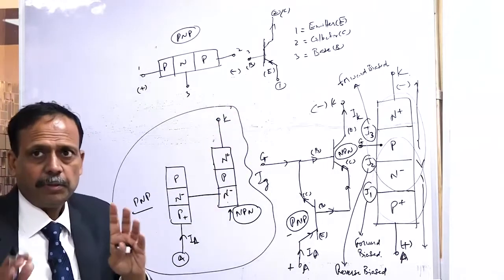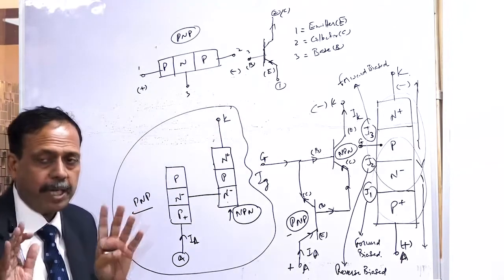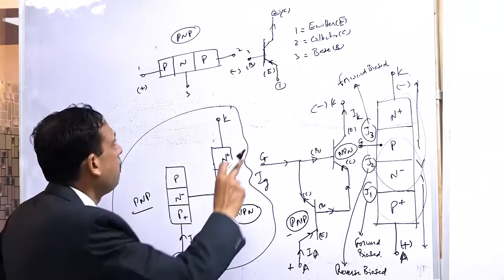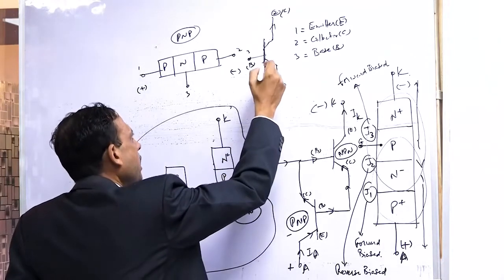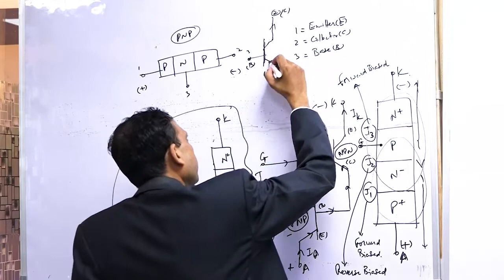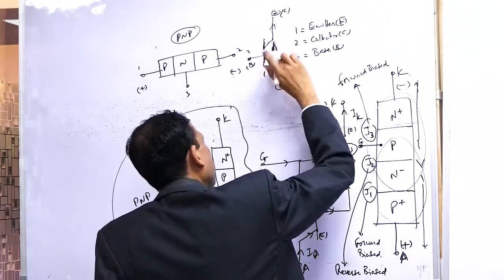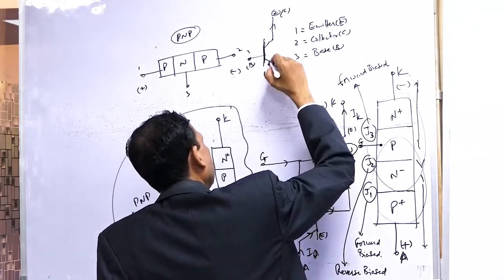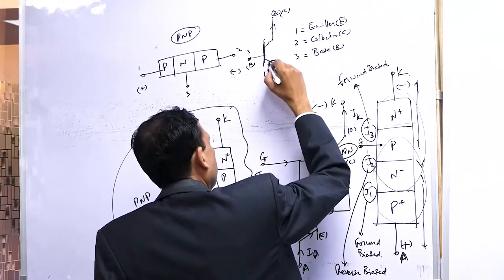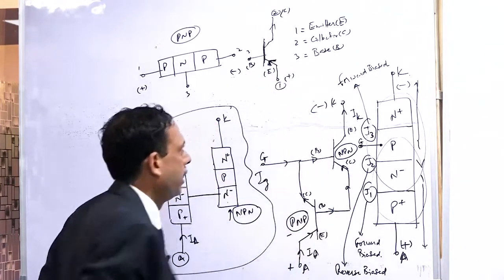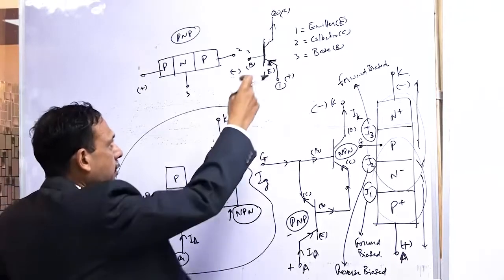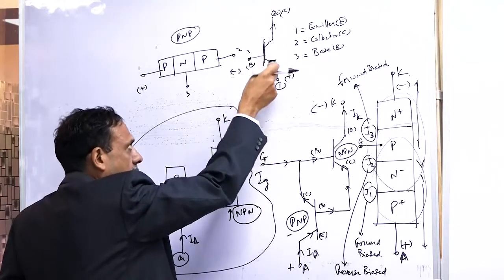So what is the difference between the PNP and NPN, that you have to understand. In PNP, at the emitter the current is going inside the transistor like this. This is positive. If it is NPN, this emitter will be in the reverse direction, it will be outside.